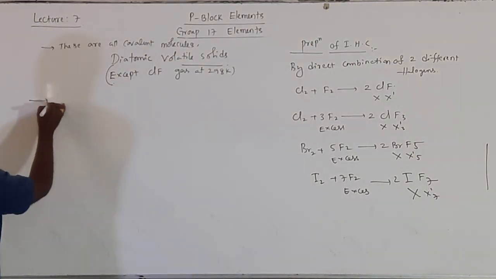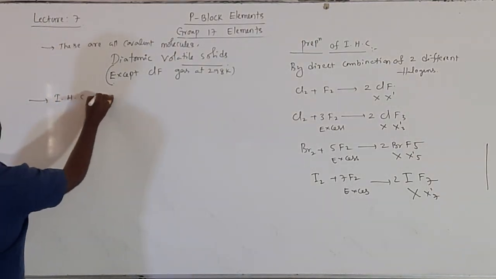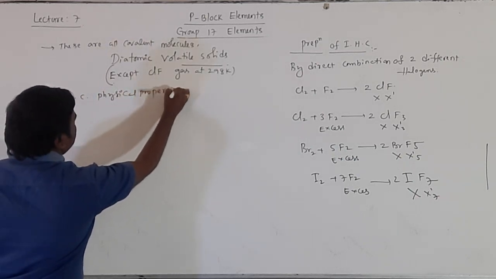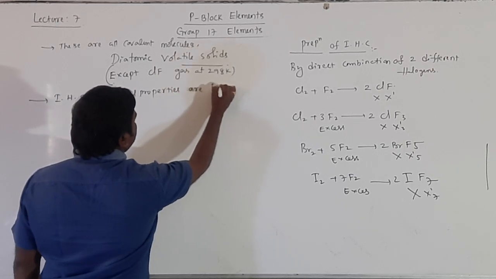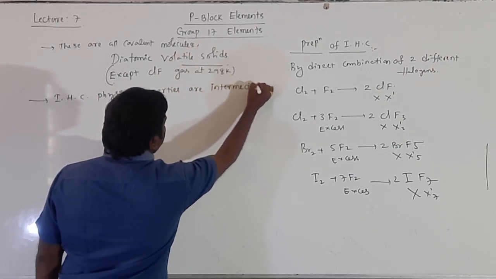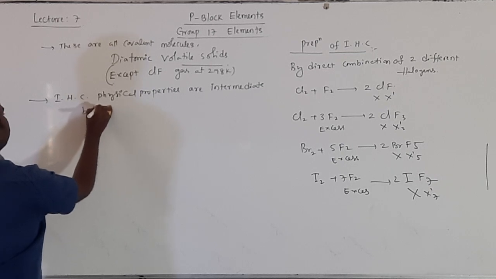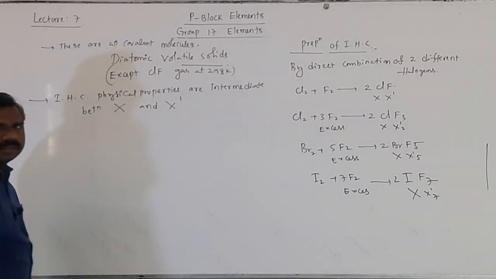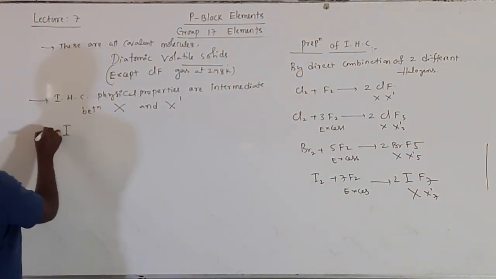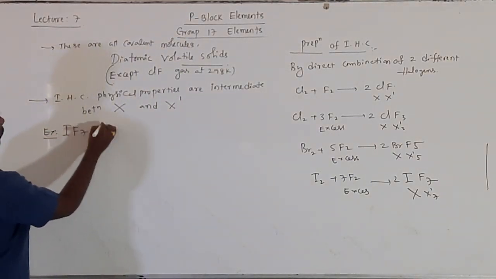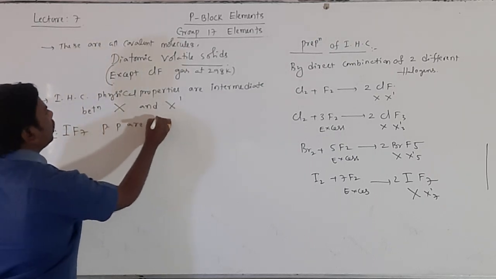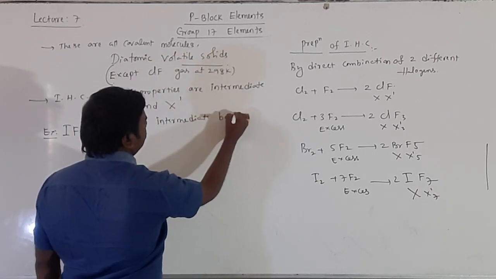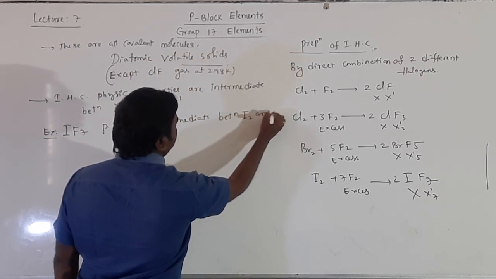Interhalogen compounds' physical properties are intermediate between X and X'.